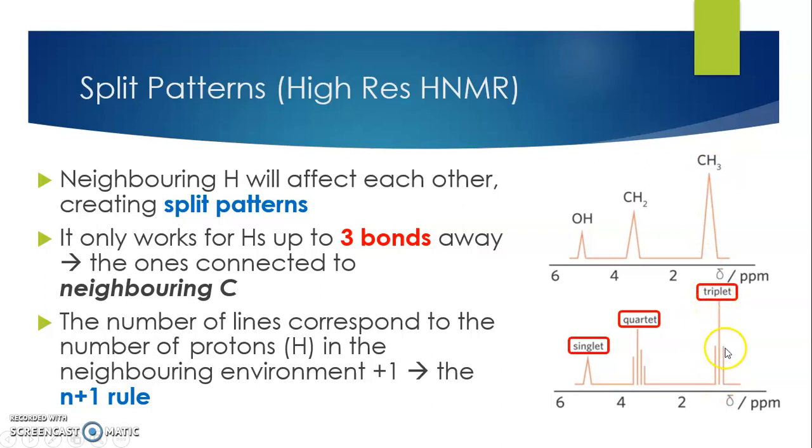So we know that in the neighboring environment of these 3 hydrogens, there will be 2 other hydrogens in a different but neighboring environment. Similarly, this quartet is produced by 3 other hydrogens in a neighboring environment of these 2 hydrogens. And those 3 hydrogens are in a different environment than this one.